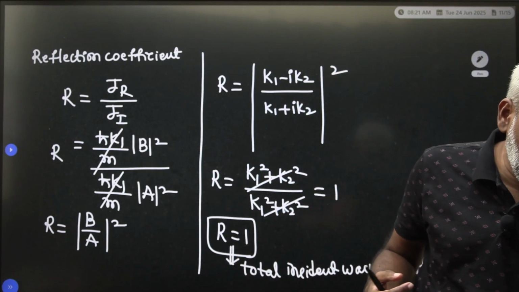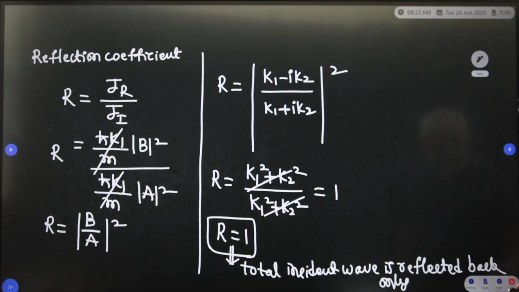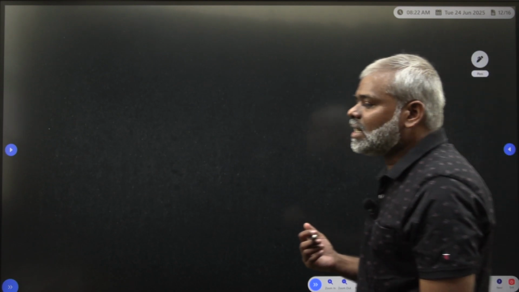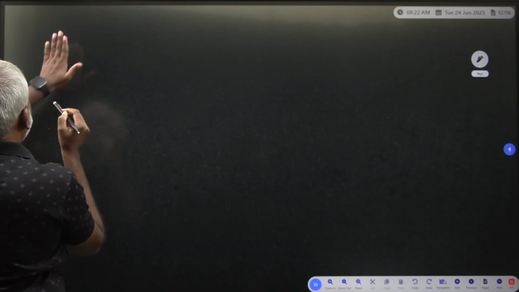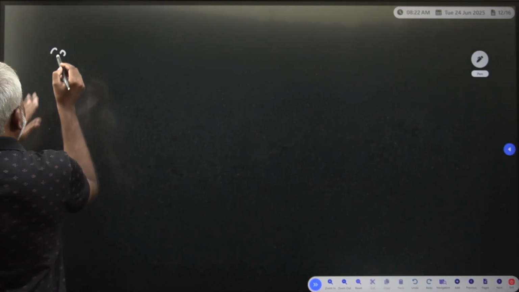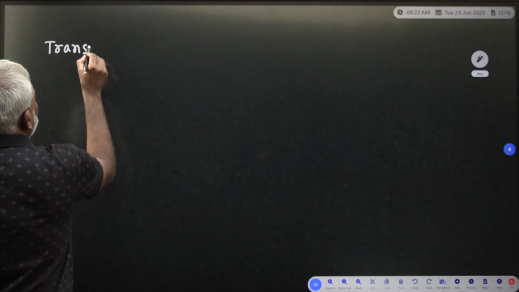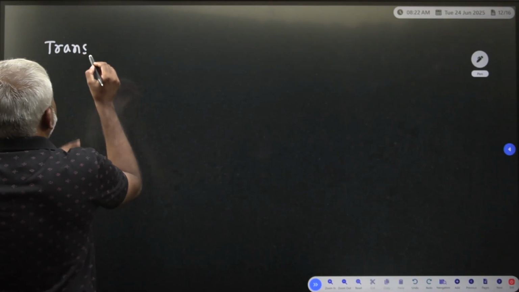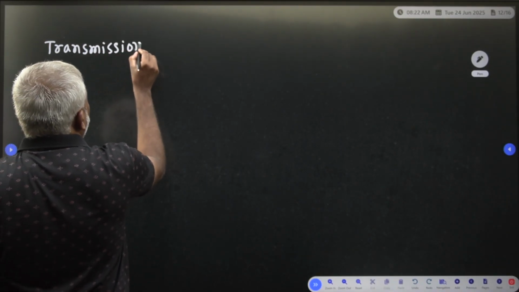Now we need to calculate the transmitted flux. How are we able to calculate the transmitted flux? Let us see the coefficient of transmission, or transmission coefficient, which we have to write.